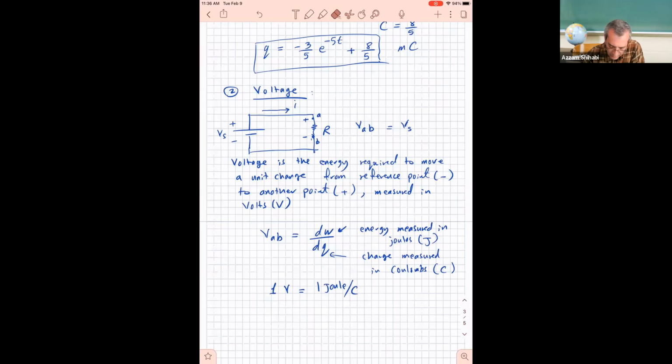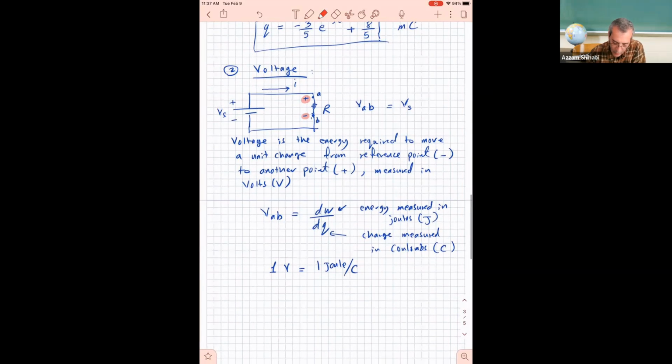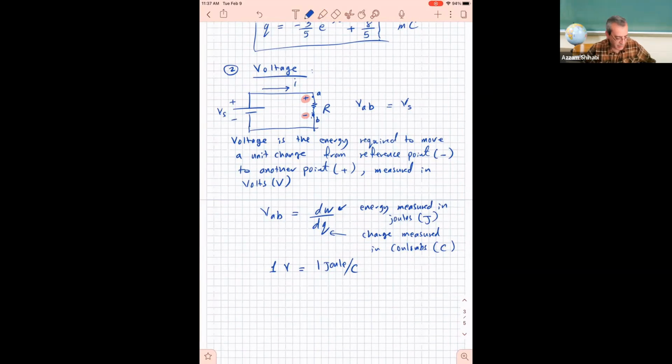When it flows through the resistor, it flows into the resistor from the positive terminal of the resistor. So we have what we call a voltage across the resistor with this polarity, positive at A, negative at B. All right. So that's the definition of the voltage.